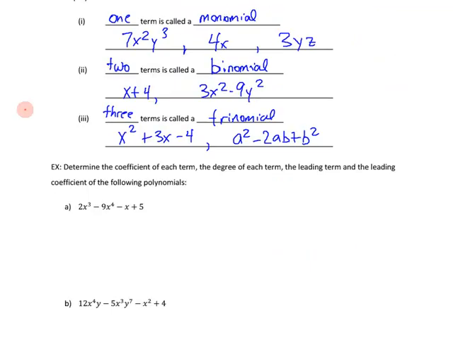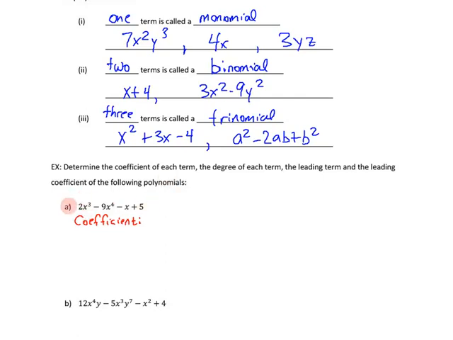Let's put our terminology to use a little bit. In these following examples, we're asked to find the coefficient of each term, the degree of each term, the leading term, and the leading coefficient for the following polynomials. So to begin with, let's identify the coefficients of this first polynomial. I'm just going to list them, comma separated.